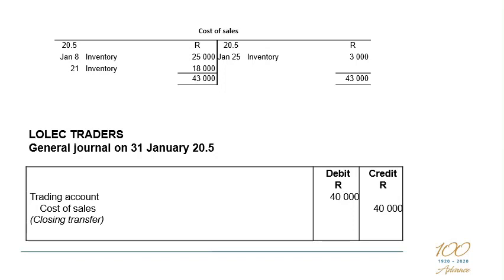I need an entry on the credit side to get this account to balance, to close it off. So I would need 40,000 on the credit side of cost of sales, and for every credit I need a corresponding debit. So it will be closed off cost of sales to the trading account.